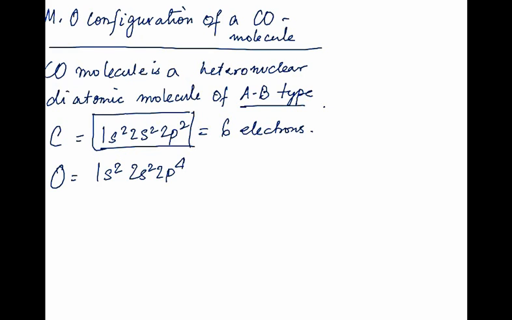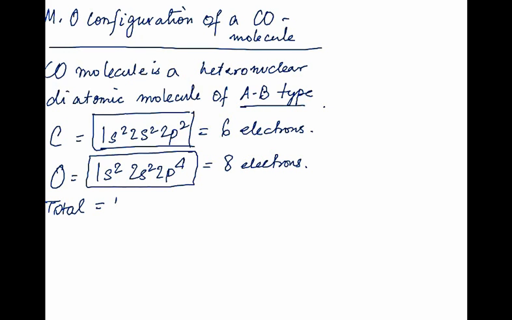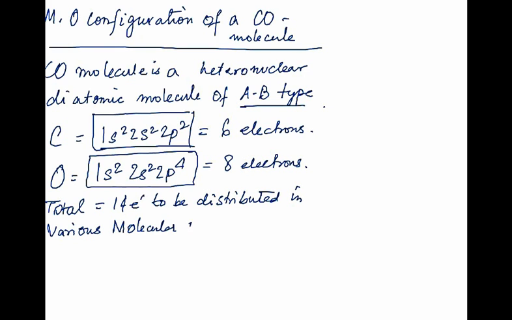So it has 6 electrons in the valence shell, and in total there are 8 electrons. So in a carbon monoxide molecule there are 14 electrons to be distributed in various molecular orbitals. So now we have to write down the MO configuration for a carbon monoxide molecule.